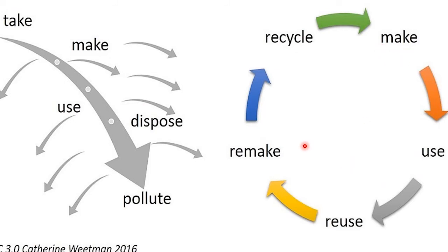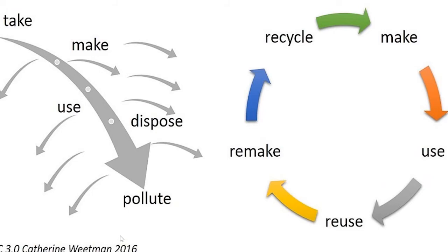So it's a closed loop, you know, so we're never really disposing, or disposing very little, and polluting as little as possible, because it's a closed loop. And that's the whole idea behind trying to recycle more.